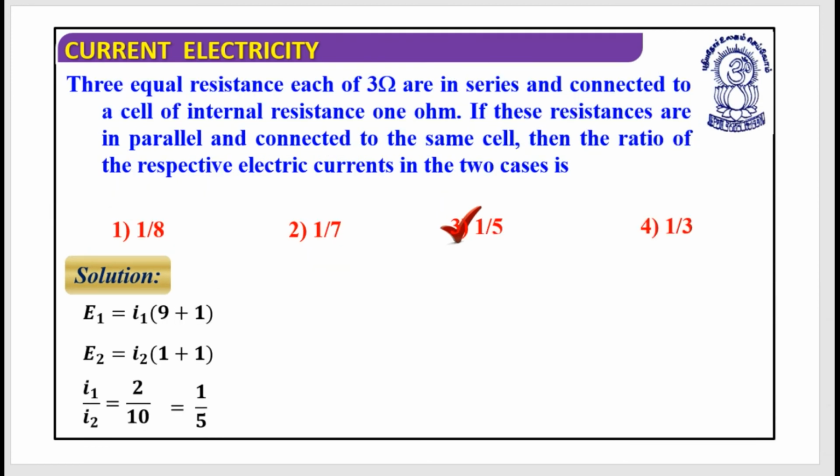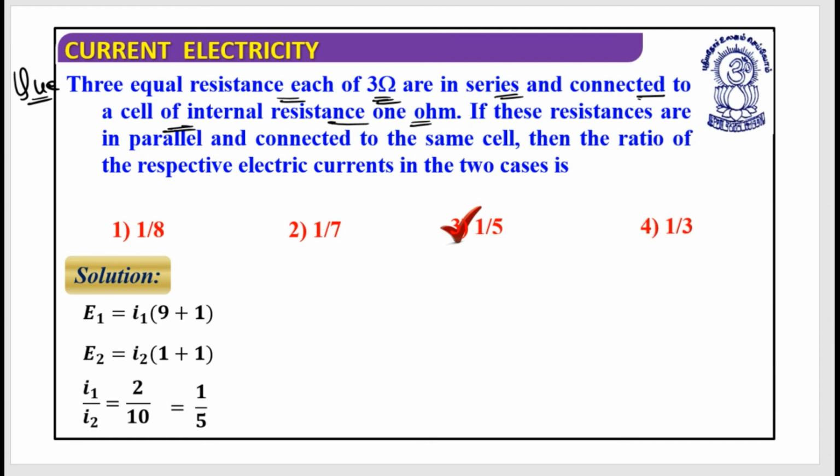And next, there are three equal resistances, each of 3 ohm, in series and connected to a cell of internal resistance 1 ohm.